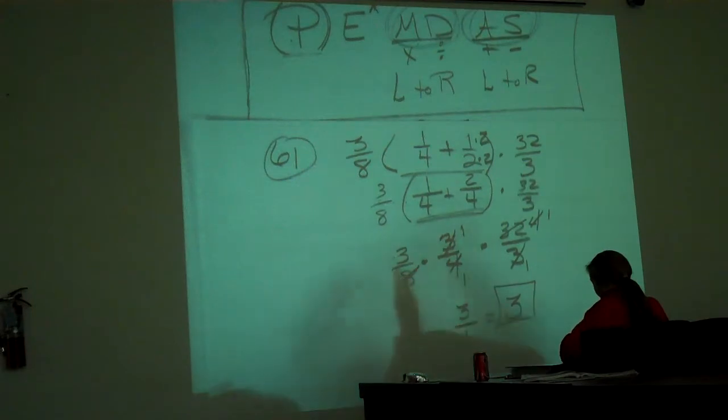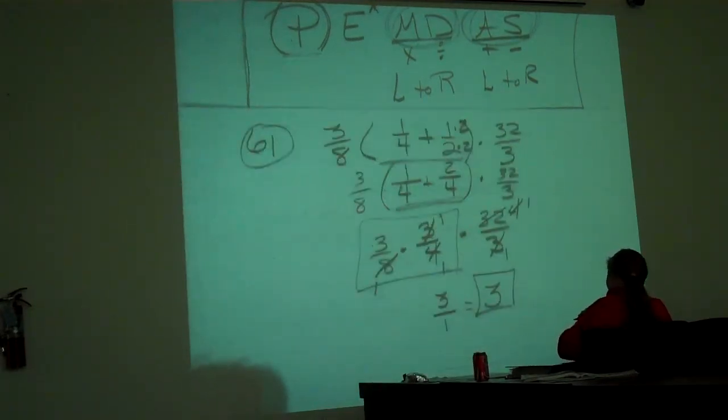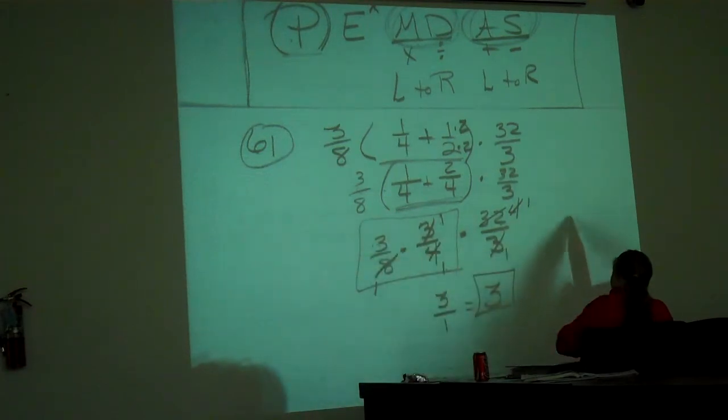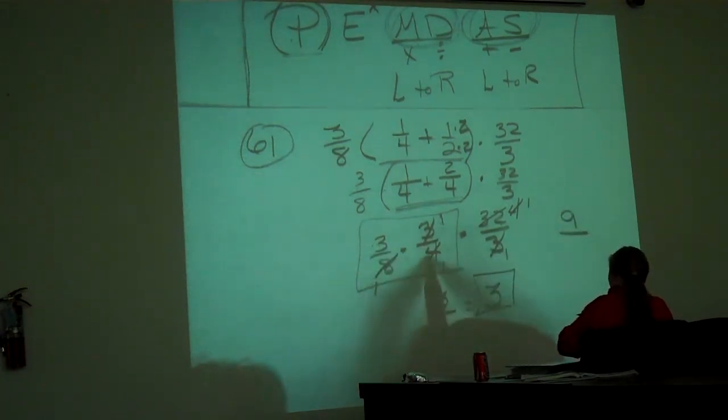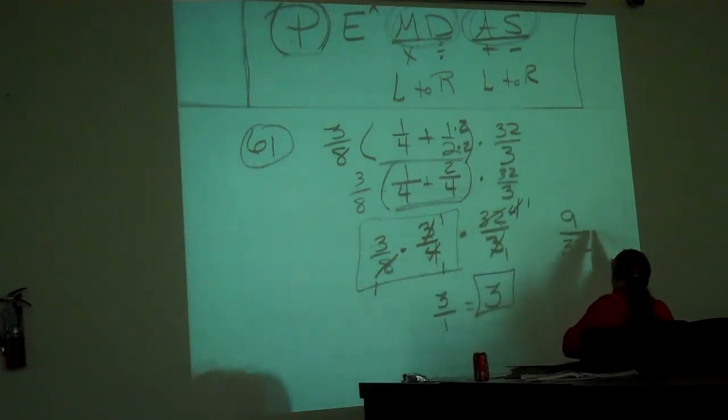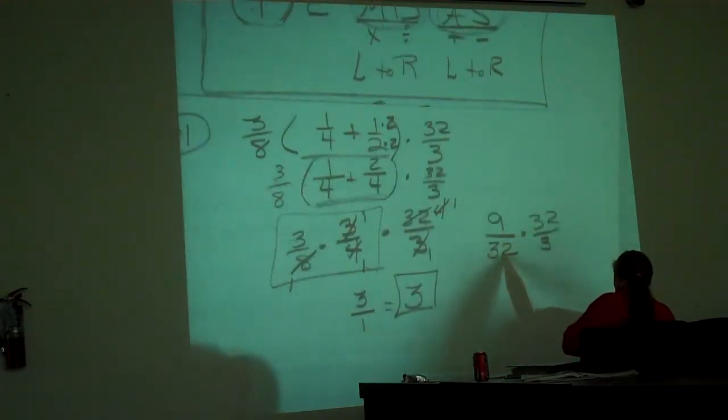Would you get the same thing if you did these two first? You should. 3 times 3 is 9. 8 times 4 is 32. Multiplied by 32 over 3. See how you can divide the 32s?